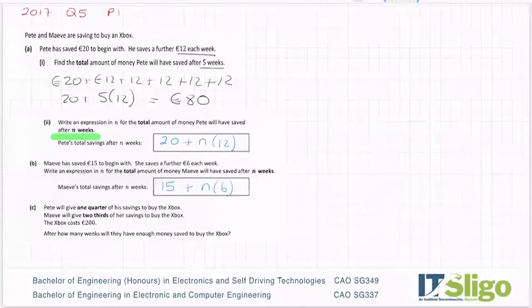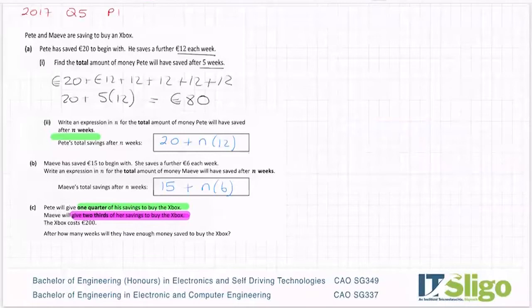Pete will give 1/4 of his savings to buy the Xbox. One quarter of his savings. So that's Pete. And Maeve will give 2/3 of her savings to buy the Xbox. The Xbox costs 200 euros.